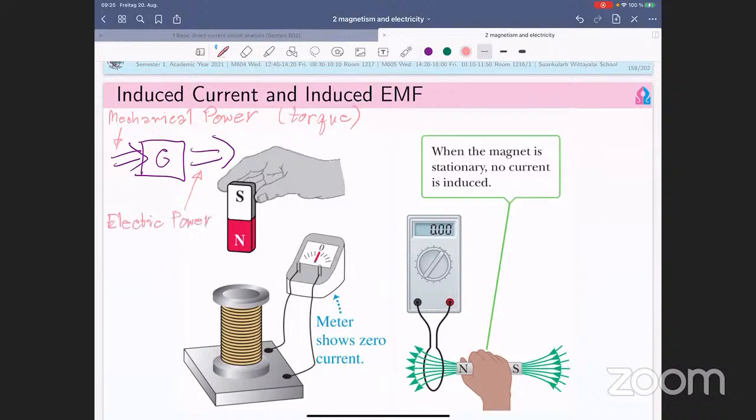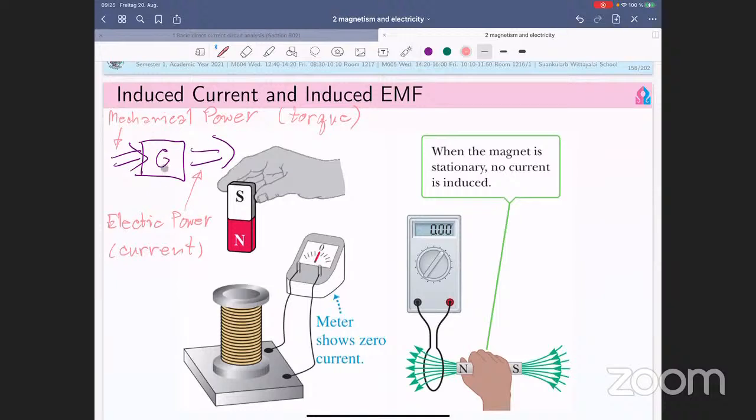It means you get the so-called current. You have to spend some energy on this device, and you get the output as electricity.